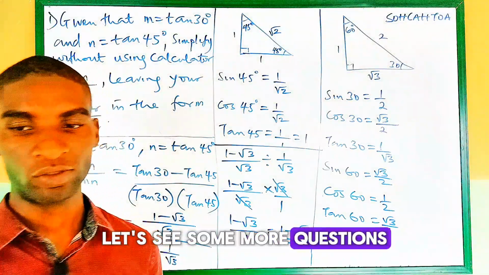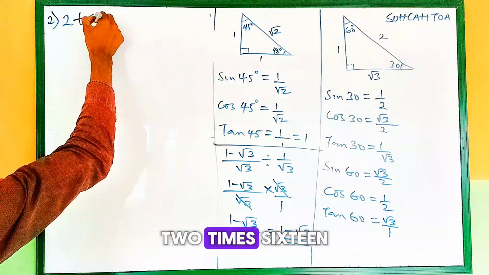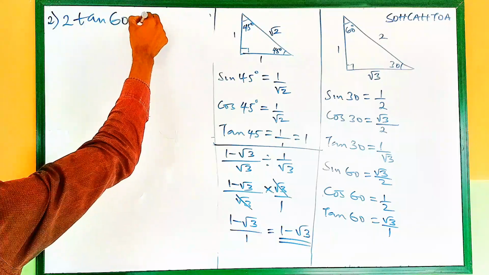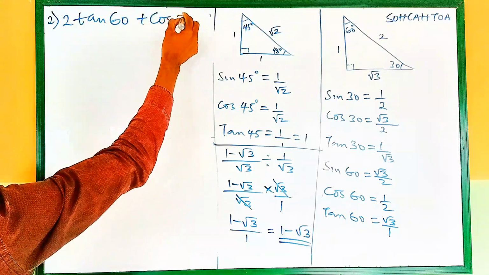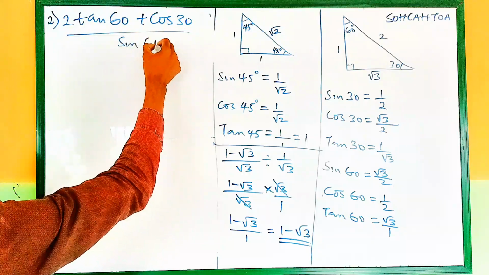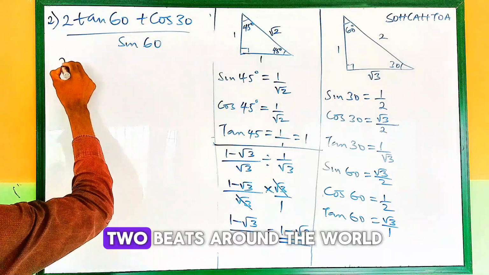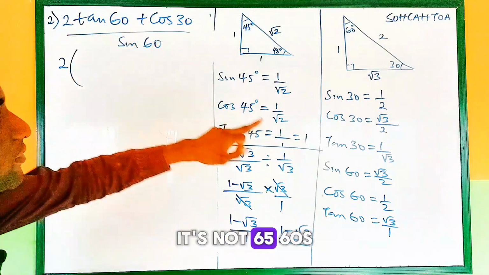Let's see some more questions. Now, let's look at this question. 2 times tan 60 plus cos 30 over sine 60. How do we answer this question? 2 into bracket, what is tan 60?